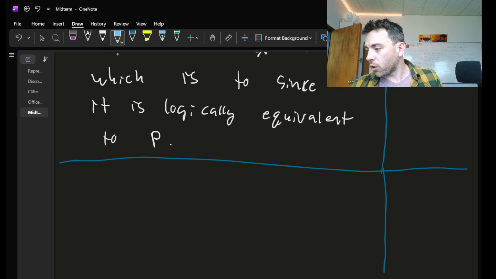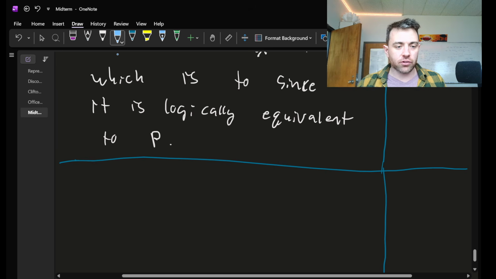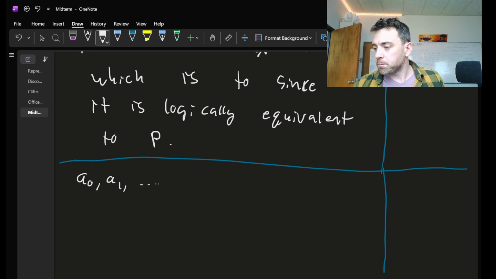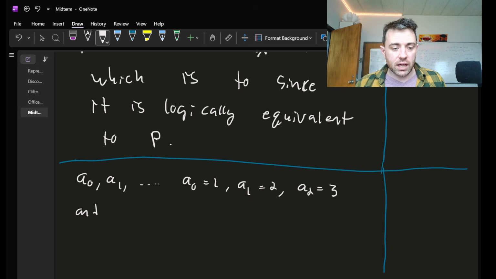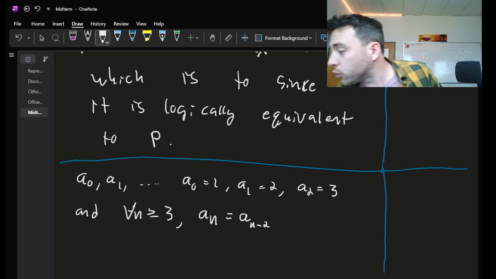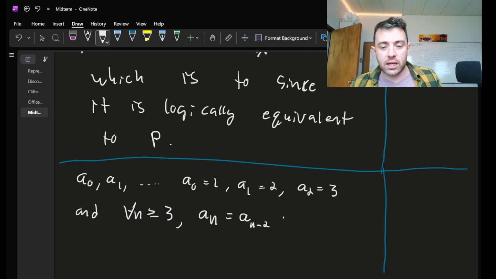Okay. So we have a sequence a naught, a 1, dot dot dot, defined by a naught equal to 1, a 1 equal to 2, a 2 equal to 3, and for all n bigger than or equal to 3, we have a n is equal to a n minus 2 plus 2 times a n minus 3.